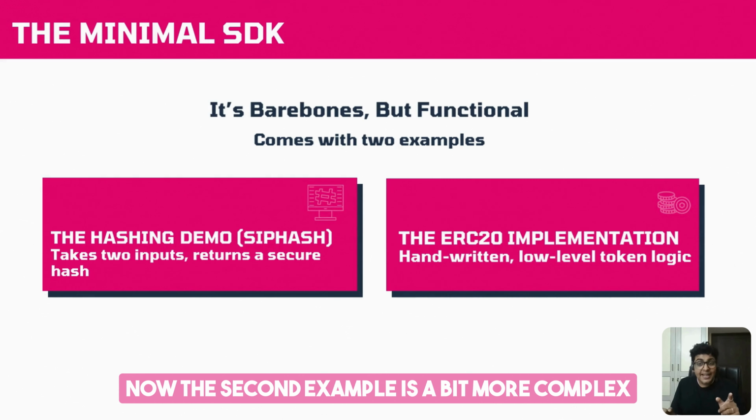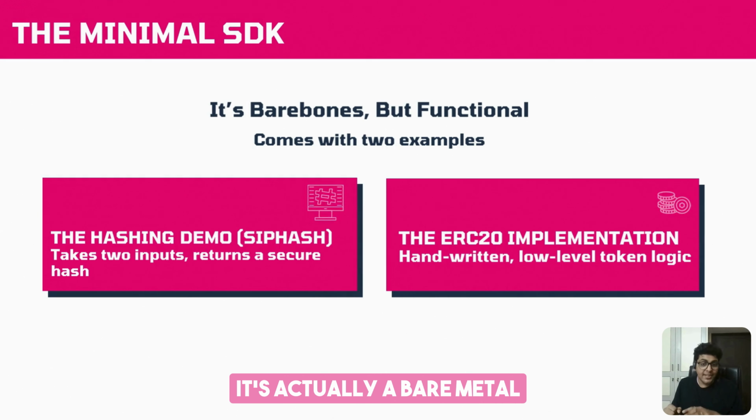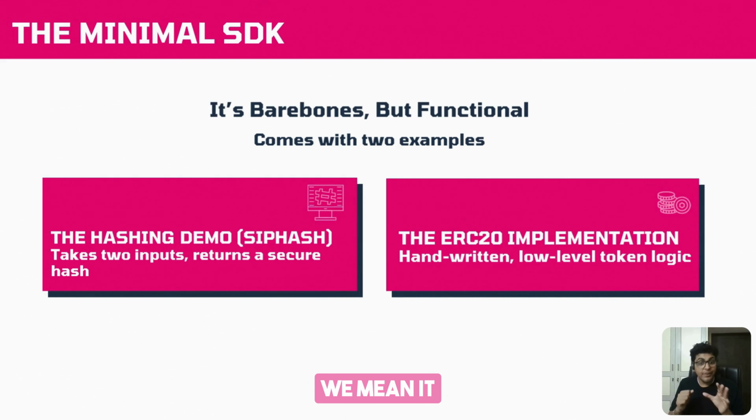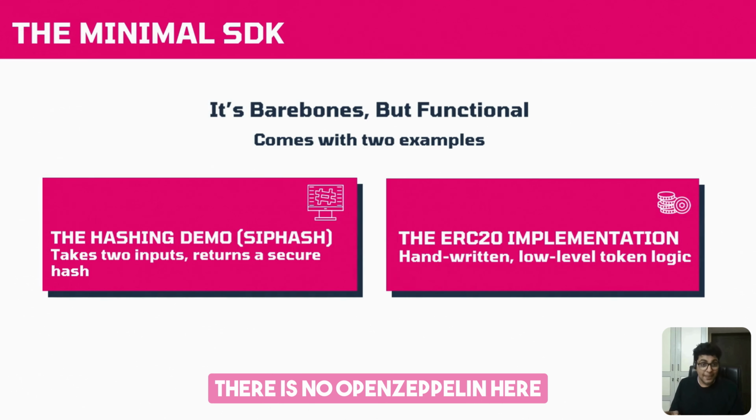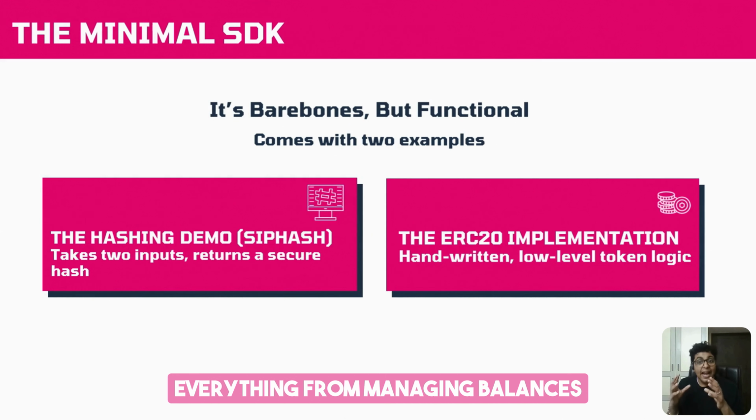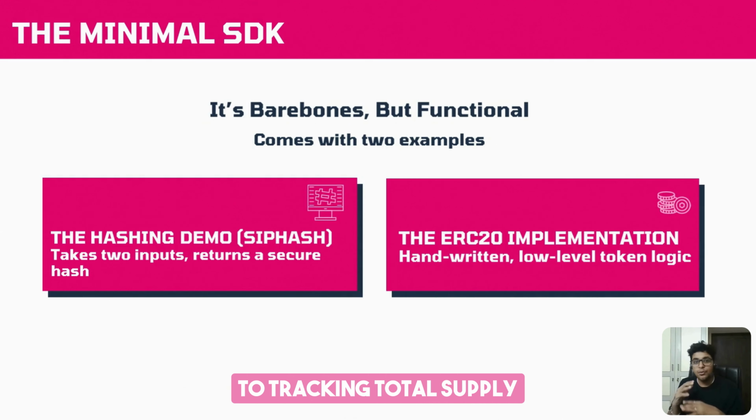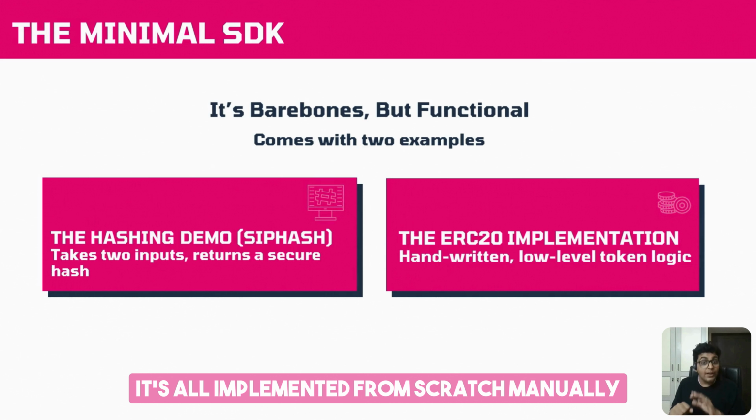Now, the second example is a bit more complex. It's actually a bare metal ERC20 token implementation written entirely in C. And when we say bare metal, we mean it. There is no OpenZeppelin here, no libraries. Everything from managing balances to tracking total supply to storing minter details and handling initializations, it's all implemented from scratch manually.